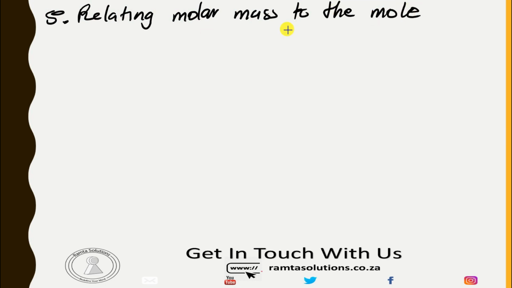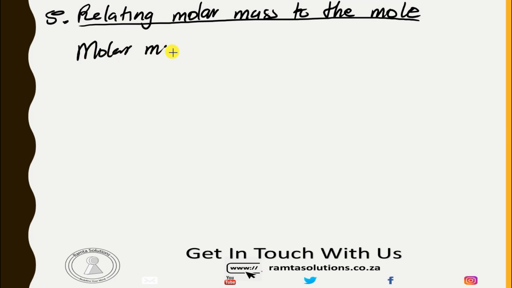We have said that molar mass is the mass of 1 mole of a substance. So remember, molar mass is basically gram per mole.